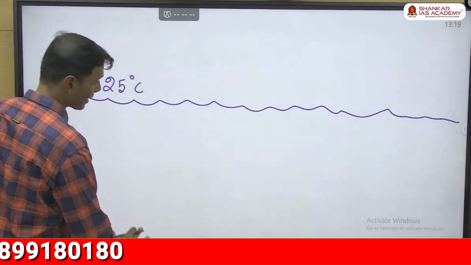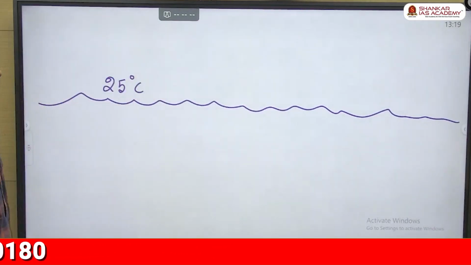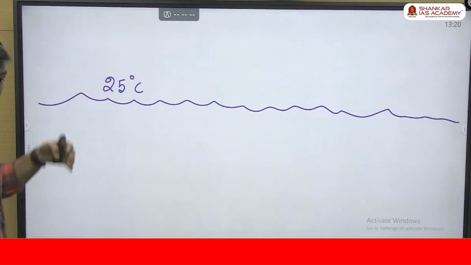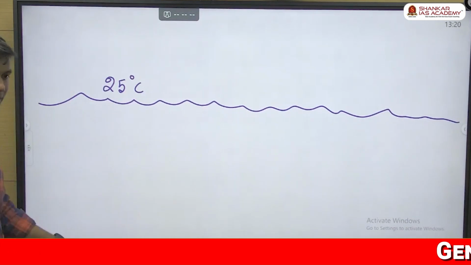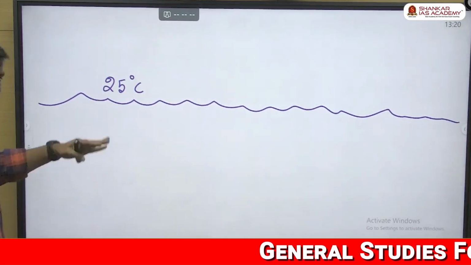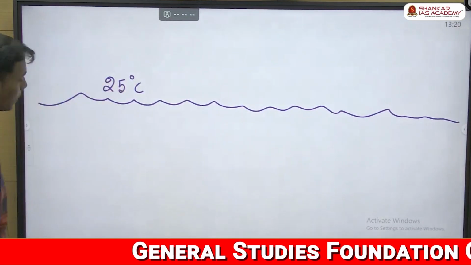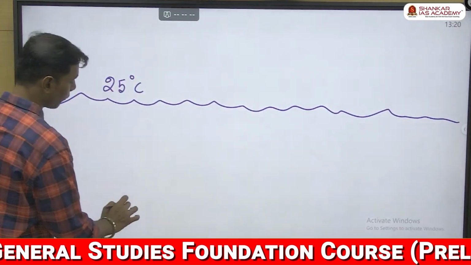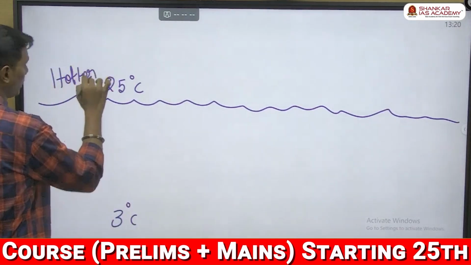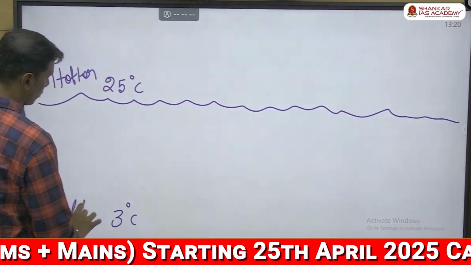Then when you go to greater depth in the ocean, will the temperature increase or reduce? When you go deep under the ocean, it reduces. You're not going from the ocean floor, only the water column. Surface of the ocean is 25 degrees Celsius, but when you go to depth, it may be around 3 or 4 degrees Celsius. So here it is hotter, and when you go inside, it becomes colder.